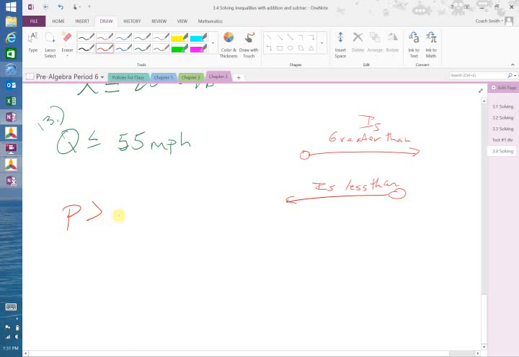P is greater than -1. Okay? It's not equal to because the little circle's not colored in. If the circle's colored in like it is on number 18, then it is less than or equal to or greater than or equal to. It's only when the circle is colored in that you have to use the equal part too. Or you can just write the answer on those.